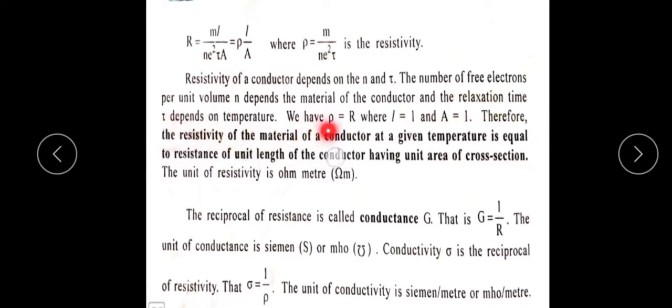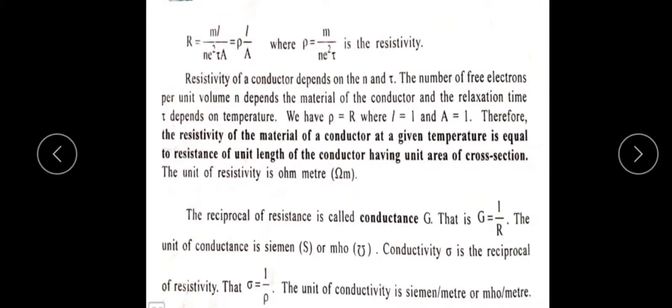We have rho equal to R, where L equal to 1 and A equal to 1. If L is equal to 1 and A is equal to 1, then resistivity is equal to resistance.